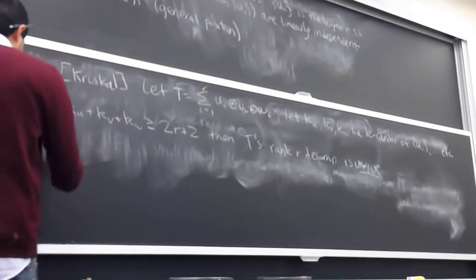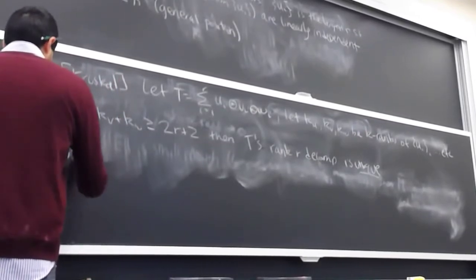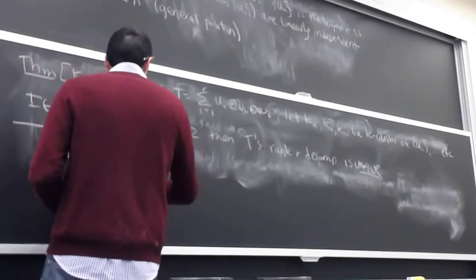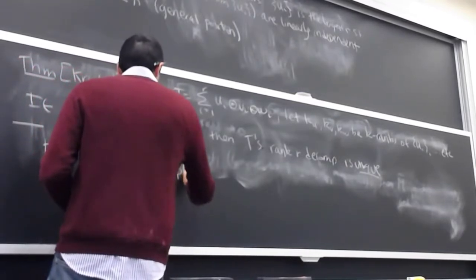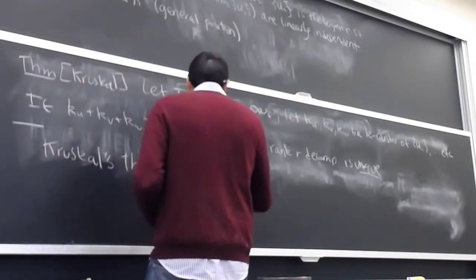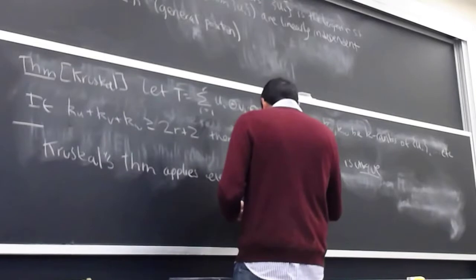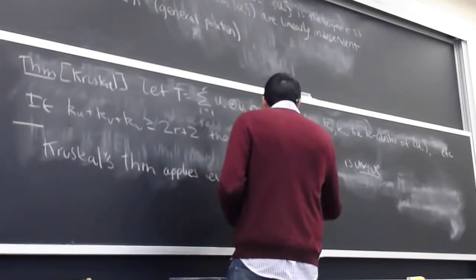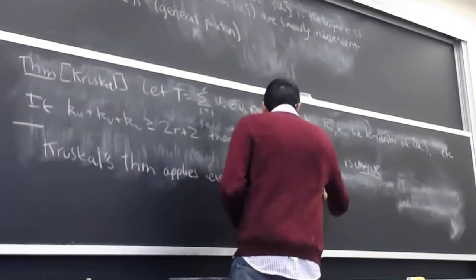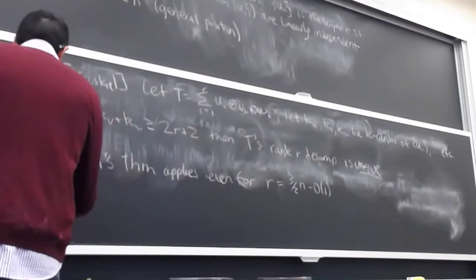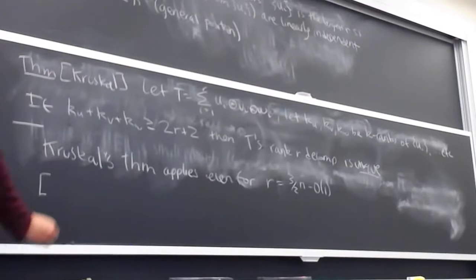So Kruskal's theorem applies even for r about 3/2 n minus O(1), meaning that it's still interesting in that setting. There are even robust versions of Kruskal's theorem too.